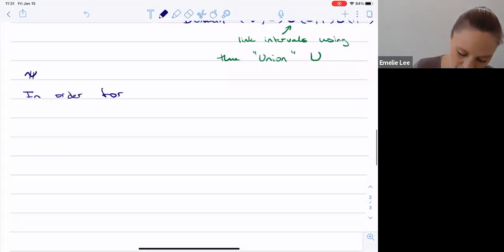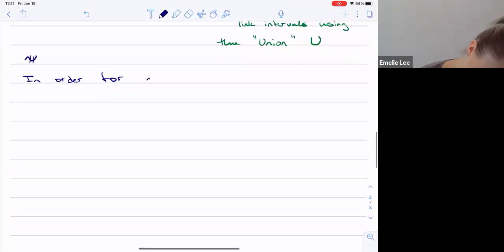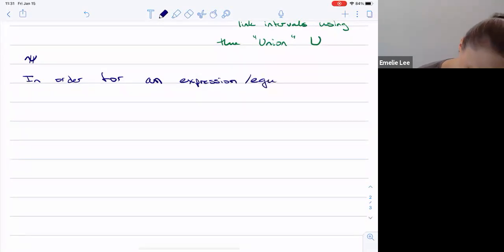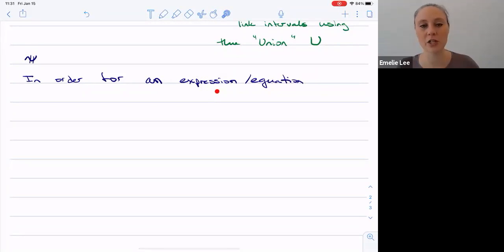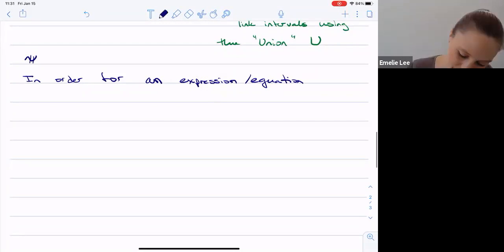So in order for an expression or equation, just as a side note, an expression doesn't have an equal sign, and an equation has an equal sign. Often equations are what we're dealing with.